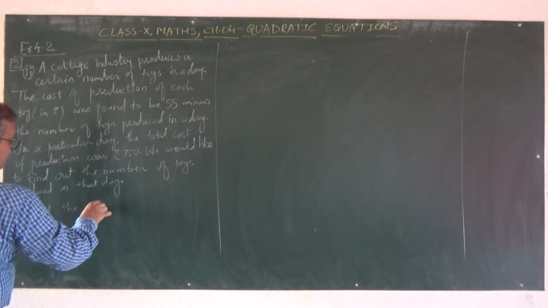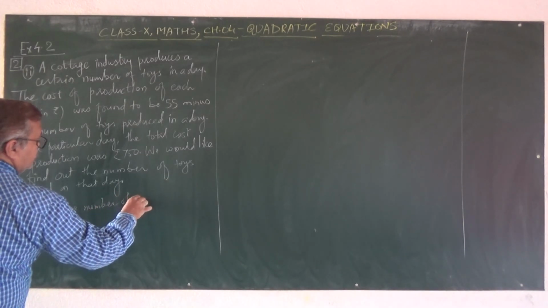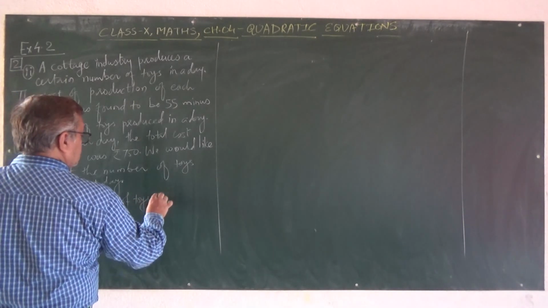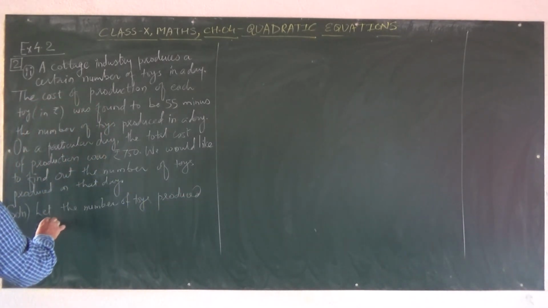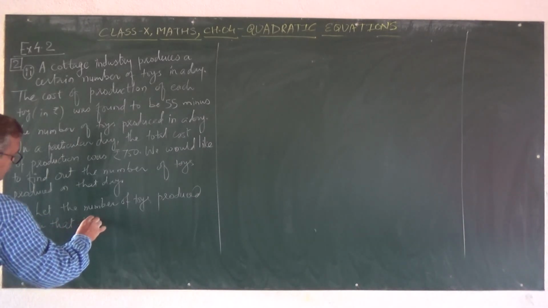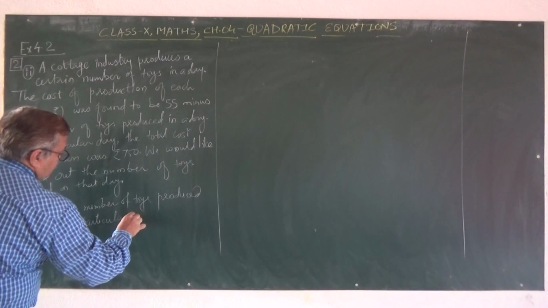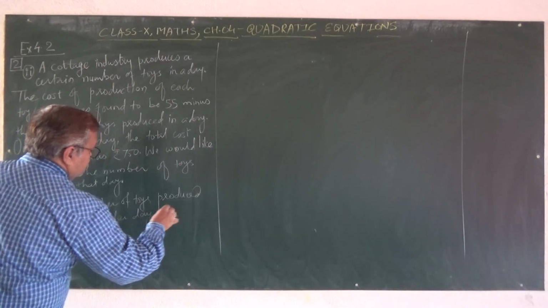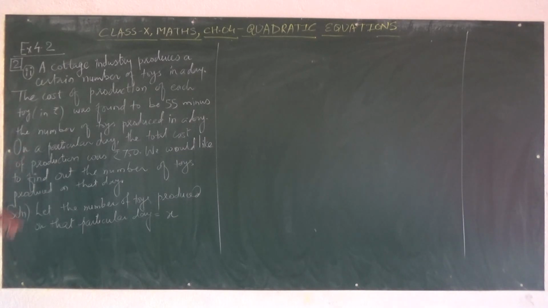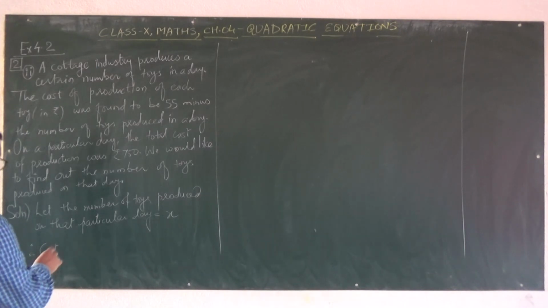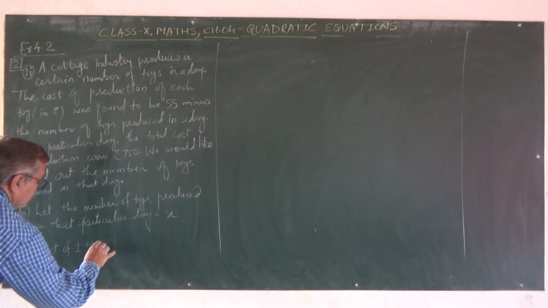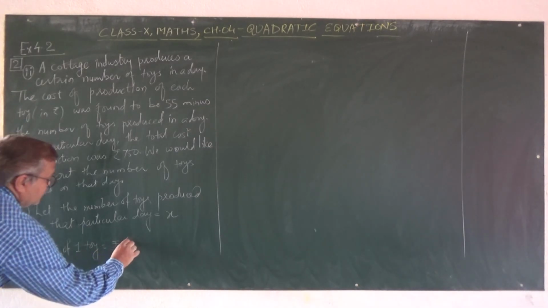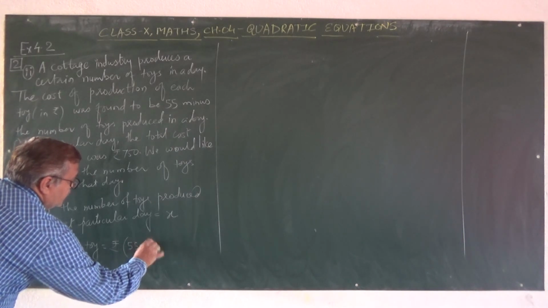Let the number of toys produced on that particular day is X. Okay, so therefore cost of one toy is equal to rupees 55 minus x.